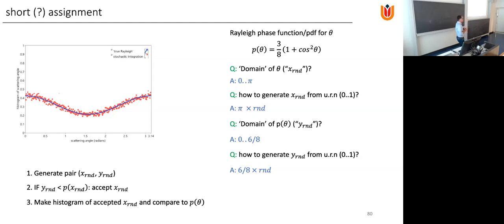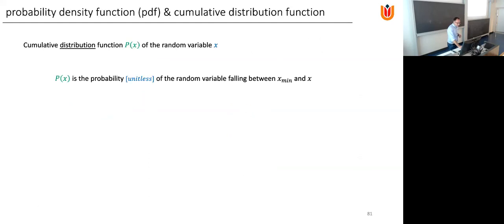So the true phase function is the curve in blue, and the red dots are then the simulated histogram of these theta values. It looks a little noisy because I just didn't take enough points to have a neat histogram. But as you can see, it clearly follows that.